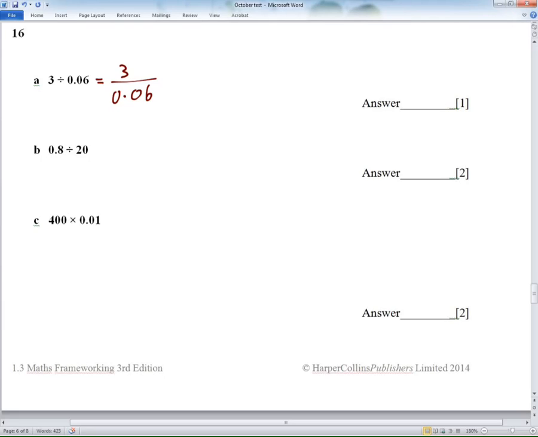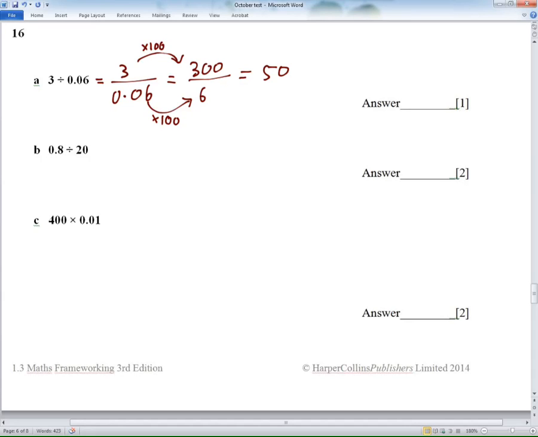You would then make an equivalent fraction, so times top and bottom by 100 to get 300 over 6. And then 300 divided by 6 is fairly straightforward, it's 50. Now notice how I don't need to change the answer.